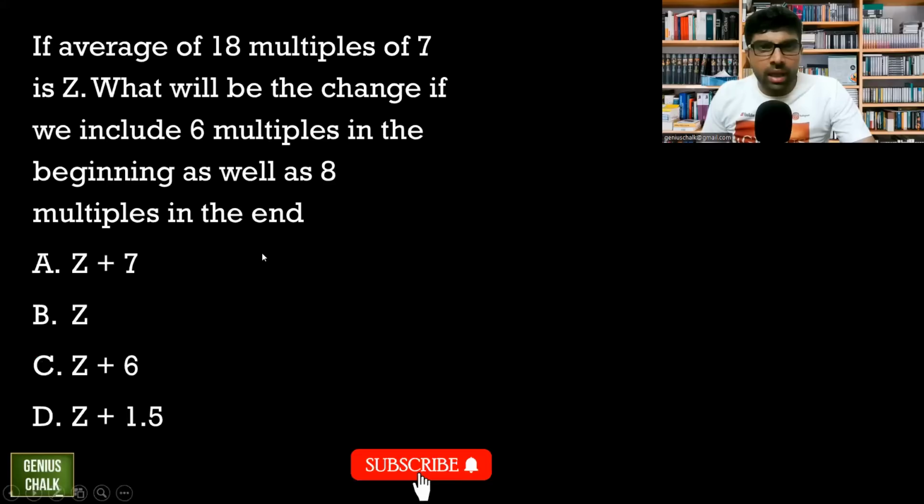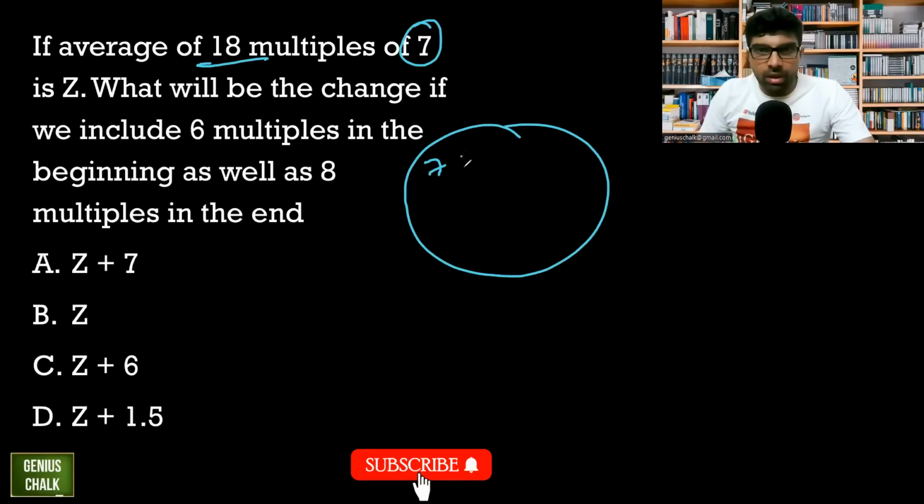Next one. The average of 18 multiples of 7 is Z. Okay. So there are 18 multiples of 7, like 7, 14, 21, and up to 126. The average is Z. There are 18 multiples of 7. What will be the change?